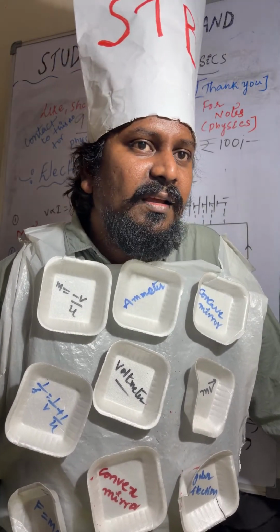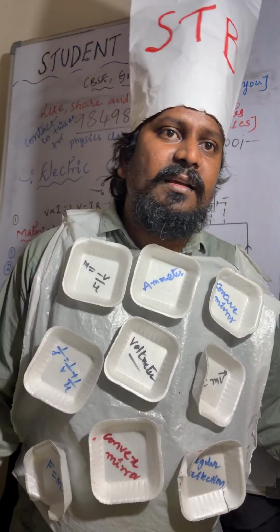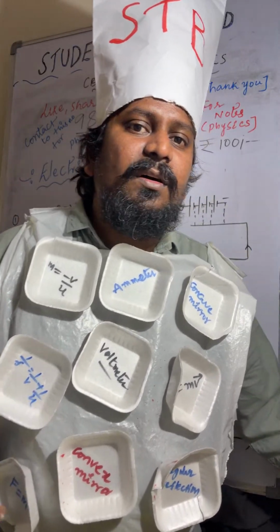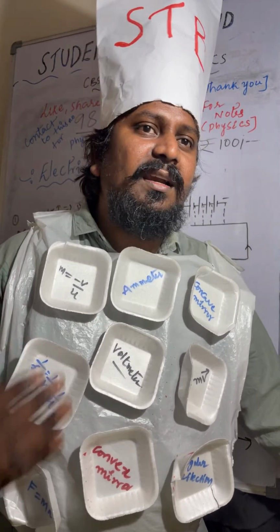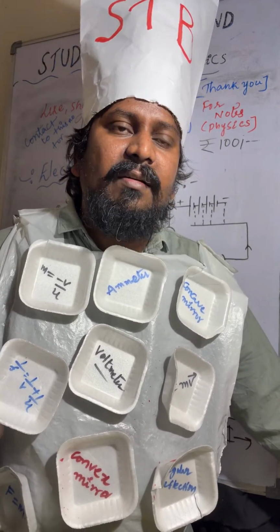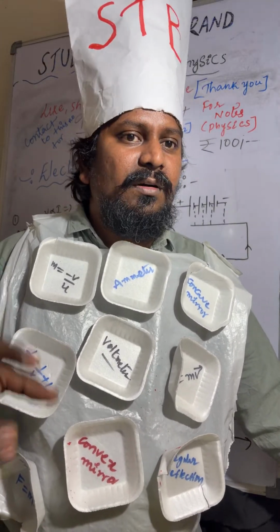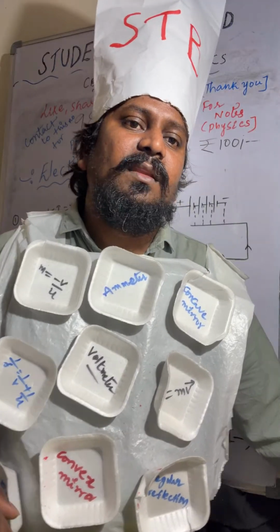Try to inform all your friends, ask them to join the classes regularly. If you attend one day, skip another day, and skip again, it is not good. You have to attend live classes regularly at your own fixed time.